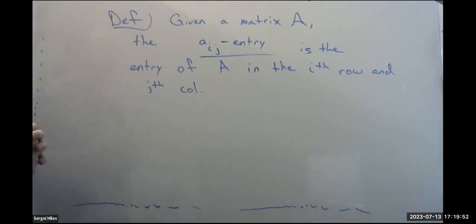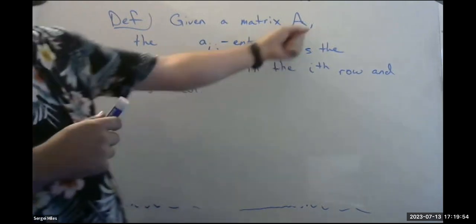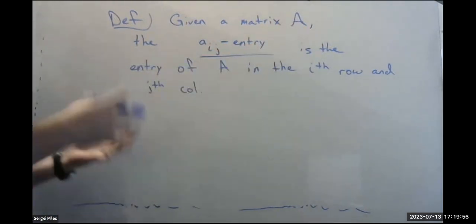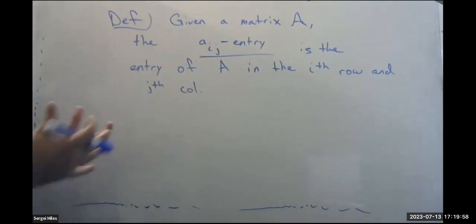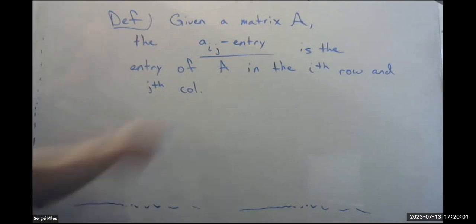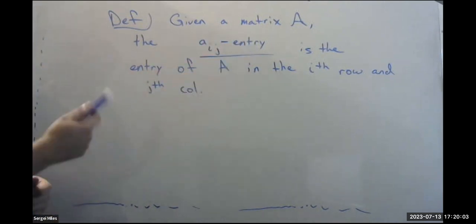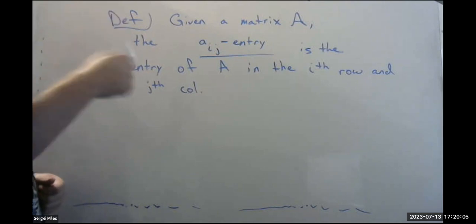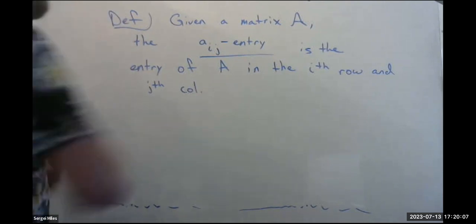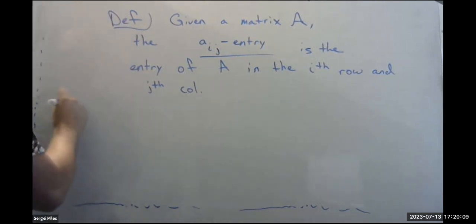So in practice, how does this work? Well, remember for matrices, when we're talking about the dimensions of a matrix, we always say rows by columns. Rows first, then columns. It's the same idea here. If I want to talk about something in the first row, second column, we can write that here.